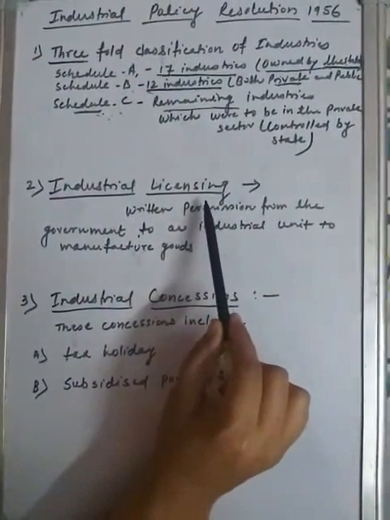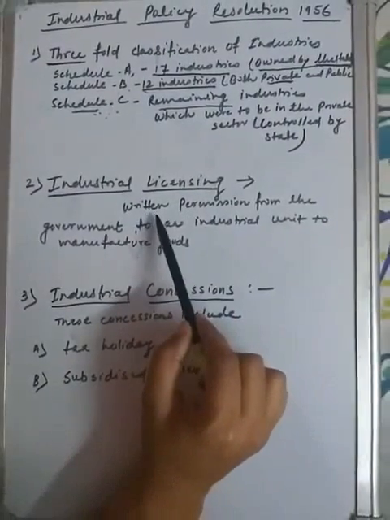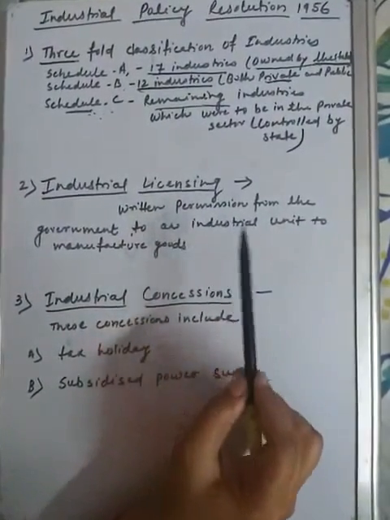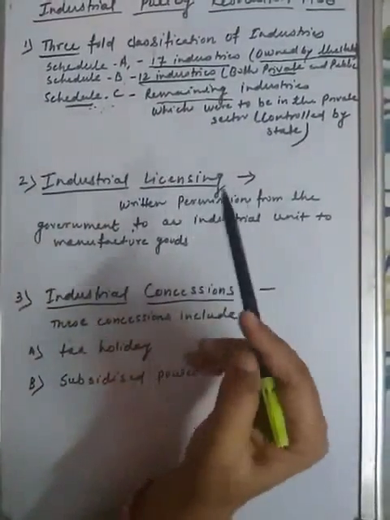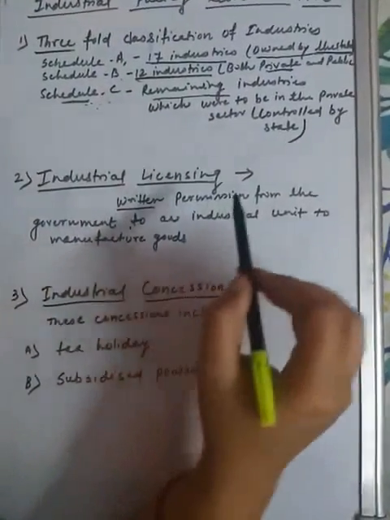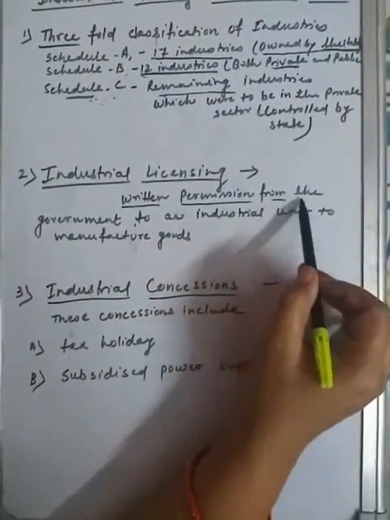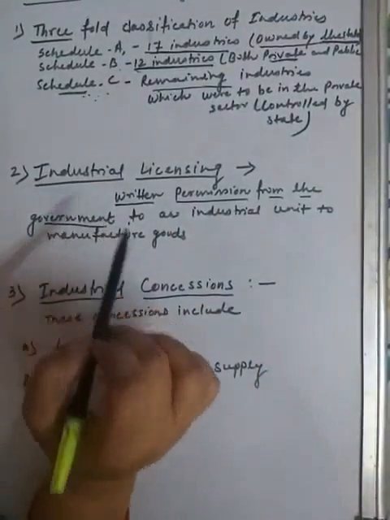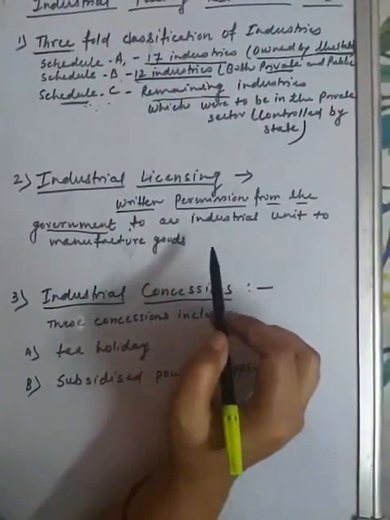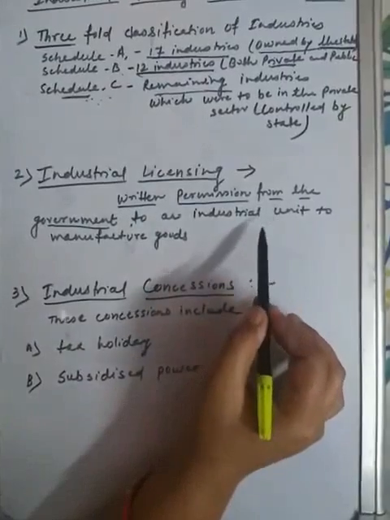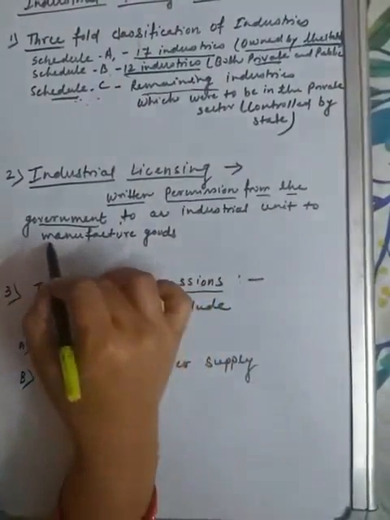Then what is industrial licensing? Industrial licensing is written permission from the government to an industrial unit to manufacture goods.